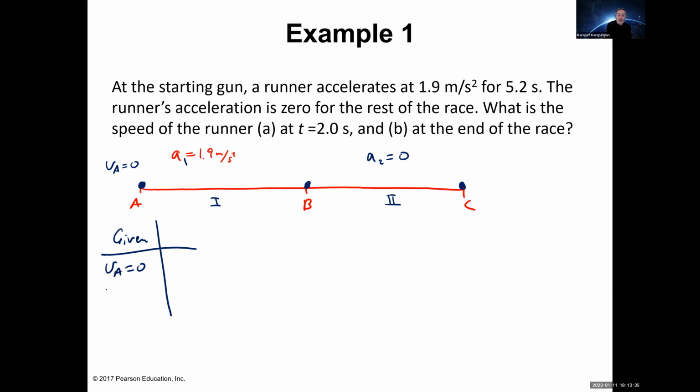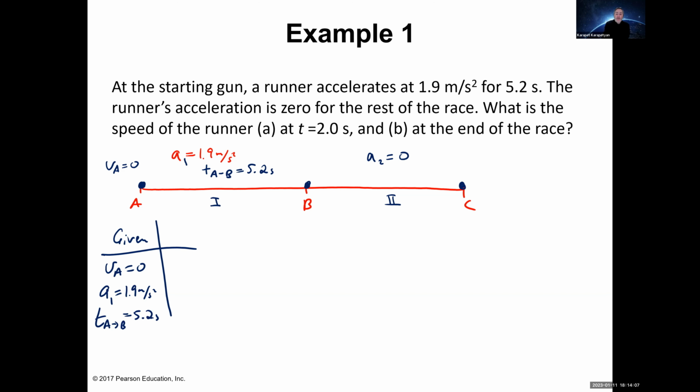Then it's going to accelerate, and we know there are two segments. So the acceleration from A to B is 1.9 meters per second squared, and the time from A to B equals 5.2 seconds.